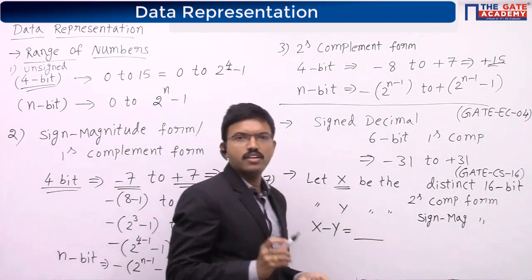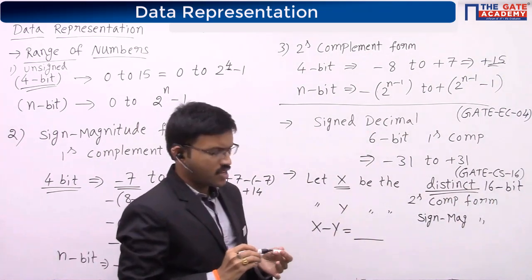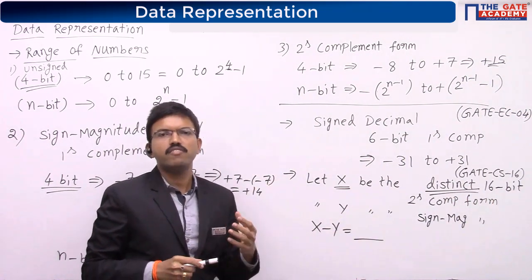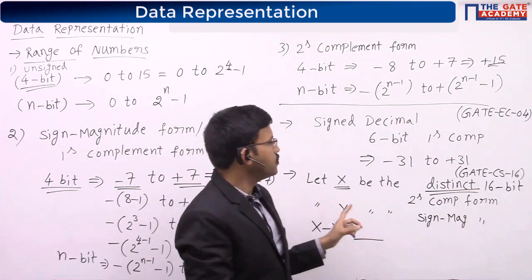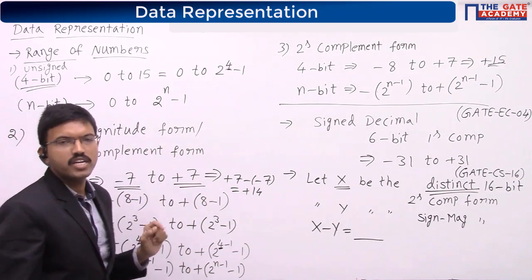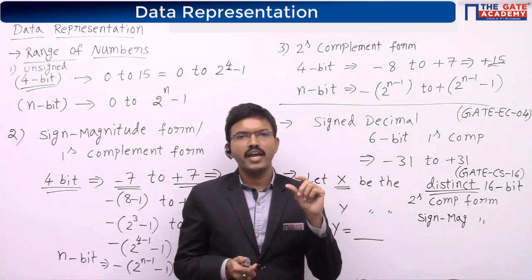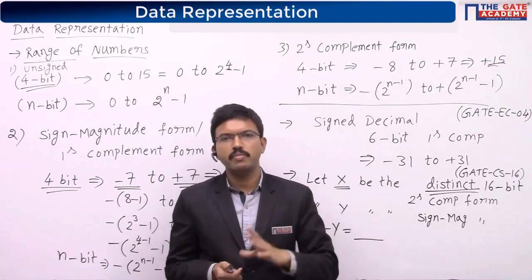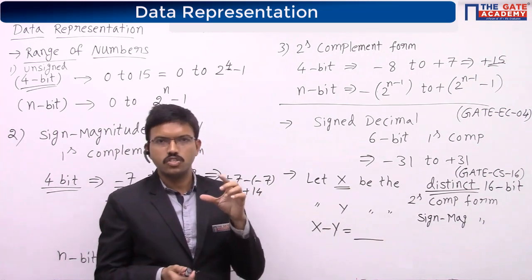See, the main important keyword in this particular question is distinct. Distinct integers. In our daily life we consider both plus 0 and minus 0 as 0 itself. Right? So if you go through the tabular form for sign magnitude form, you are having plus 0 to plus 7, and minus 0 to minus 7, or minus 7 to minus 0. But we will consider both plus 0 and minus 0 as 0 itself.